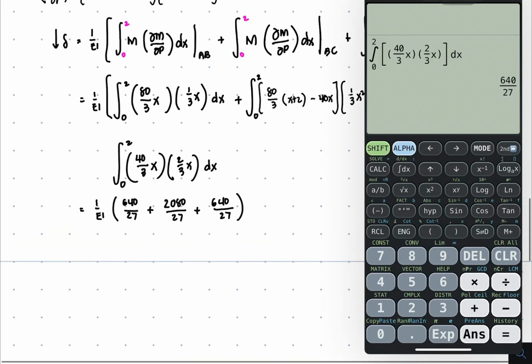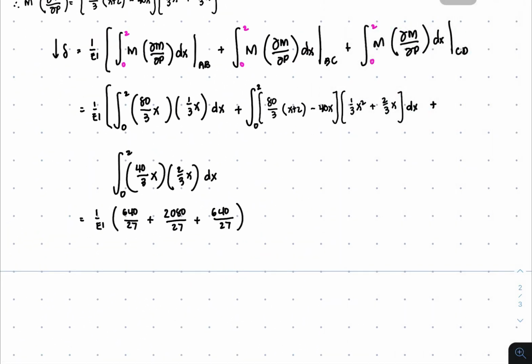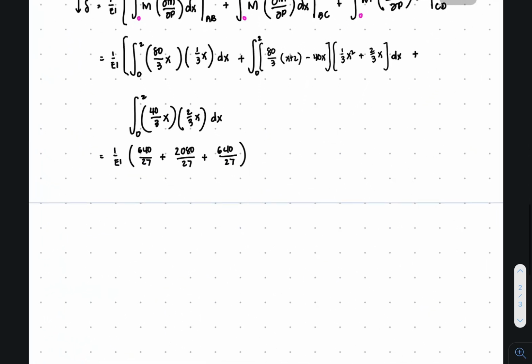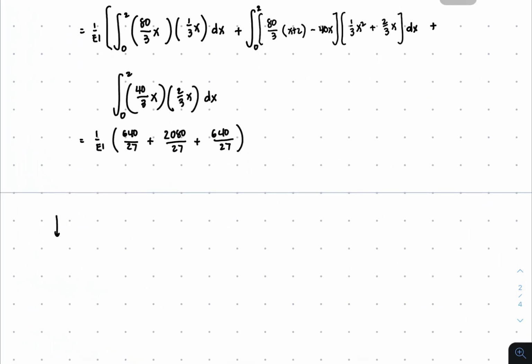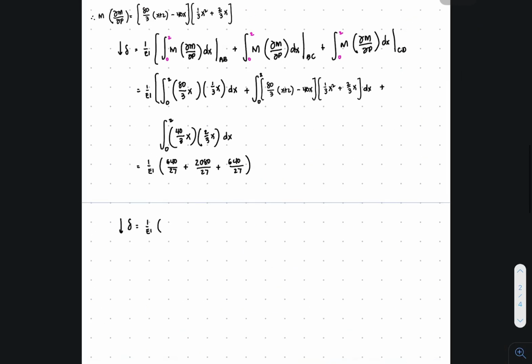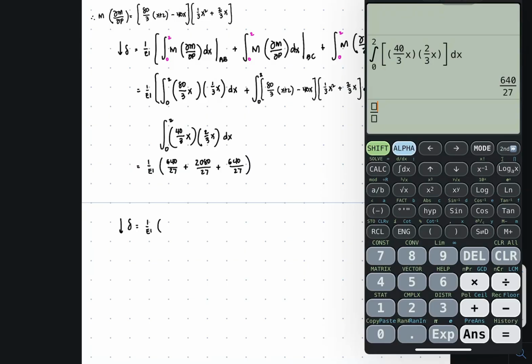Okay, so let us now get the answer. So the deflection is equal to 1 over EI times 640 over 27 plus 2080 over 27 plus 640 over 27.